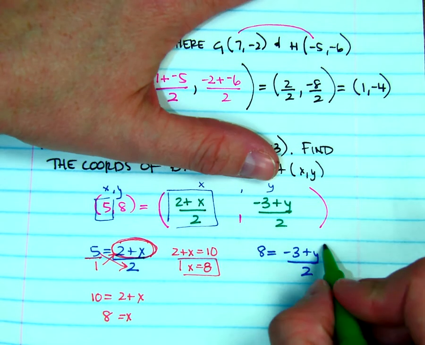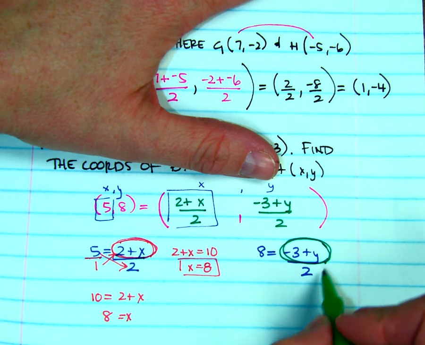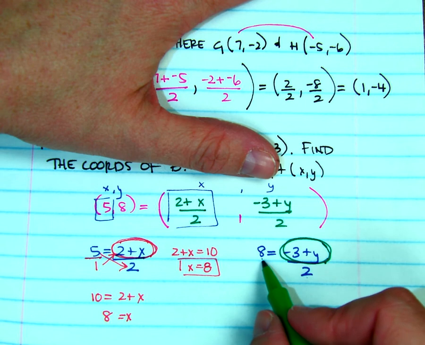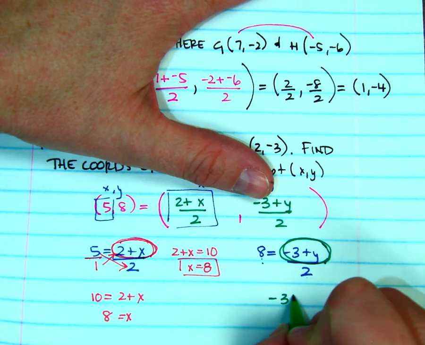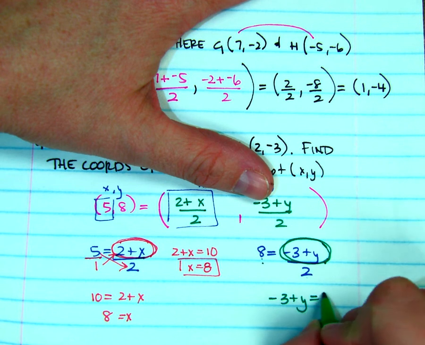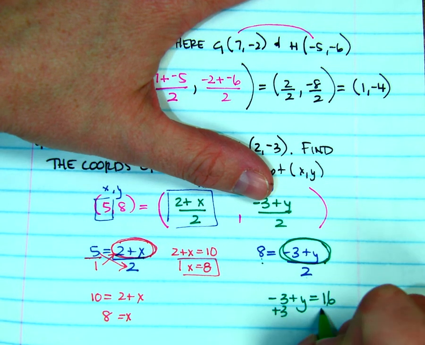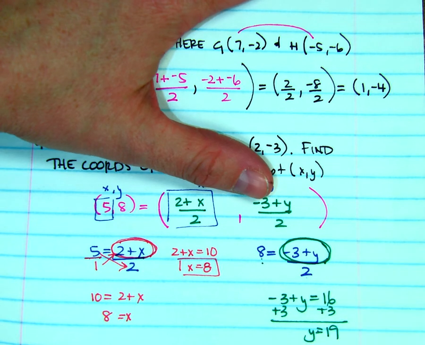Same thing over here. What number divided by 2 equals 8? It is 16. So -3 plus y, that numerator should equal 16. Add 3 to both sides, and you have y equal to 19.